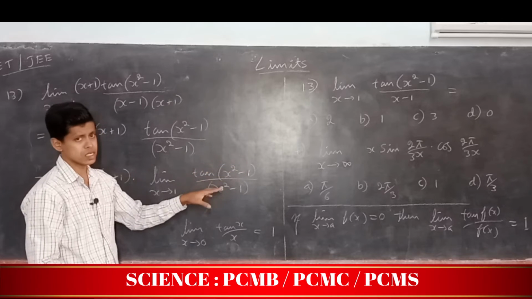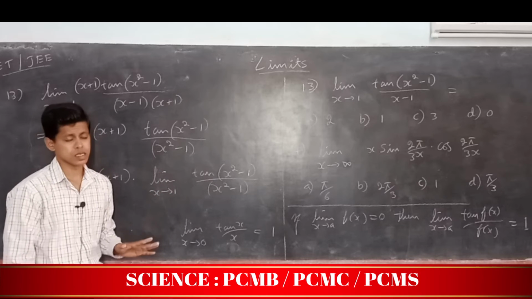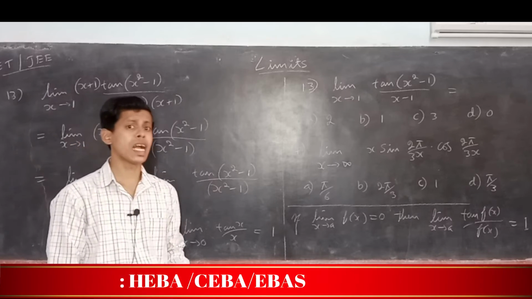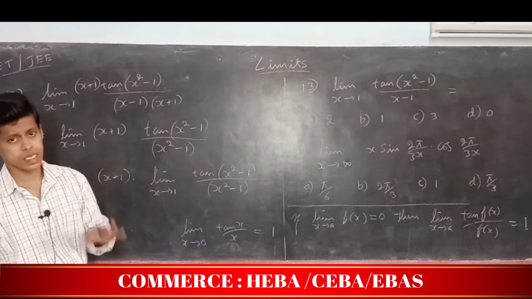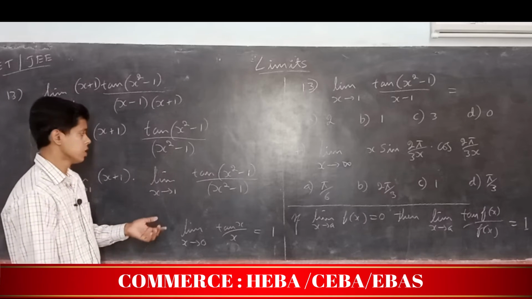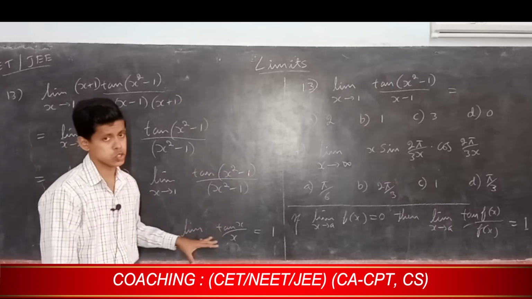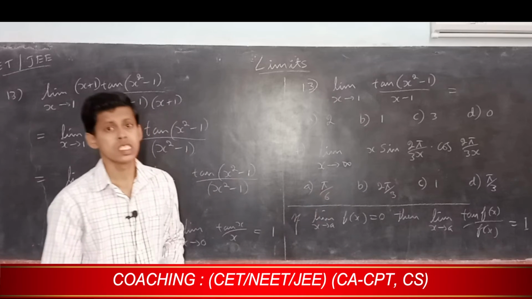It is 1 actually according to the formula that we have derived for sin x by x as limit x tends to 0, right. So, according to that formula it is 1, therefore, this is also 1 because of this situation.